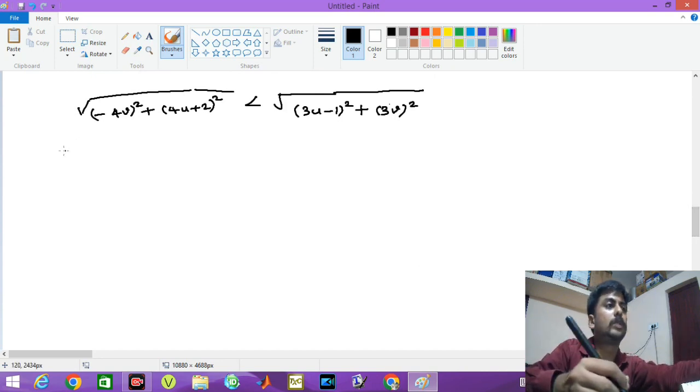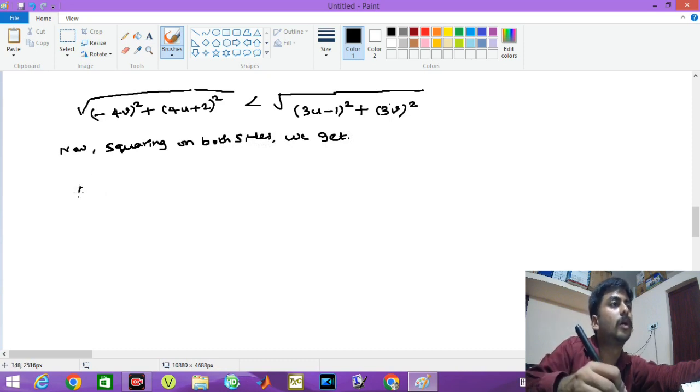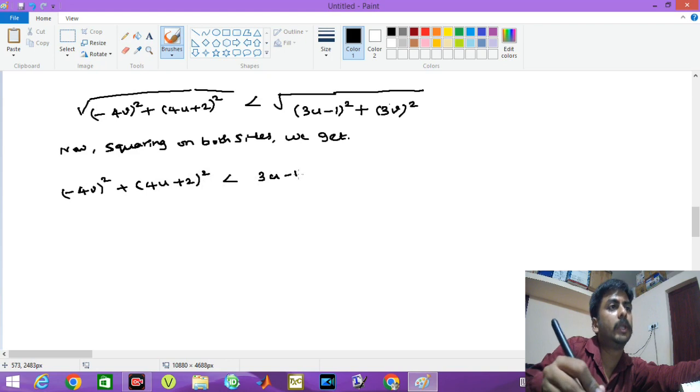Squaring on both sides we get minus 4v the whole square plus 4u plus 2 the whole square less than 3u minus 1 the whole square plus 3v the whole square.